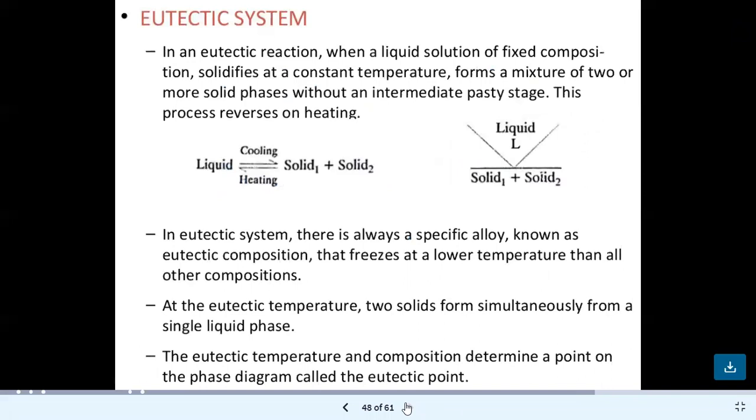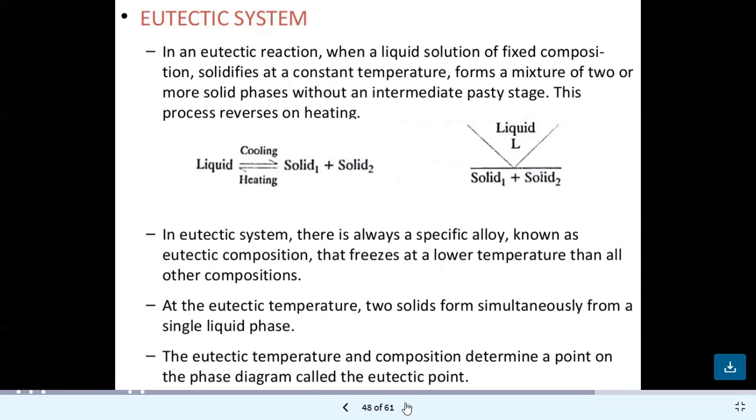If we consider the eutectic system, in a eutectic reaction, a liquid solution of fixed composition solidifies at a constant temperature and forms a mixture of two or more solid phases without an intermediate pasty stage. This process reverses on heating.